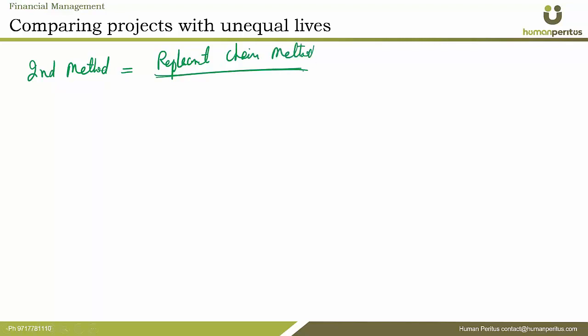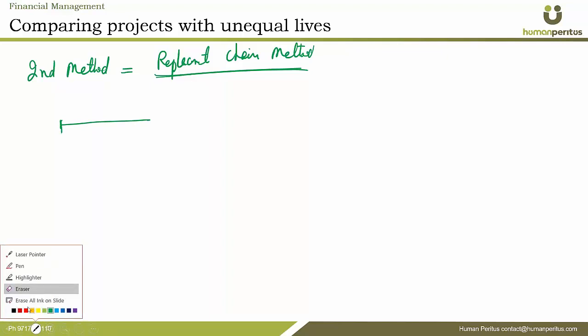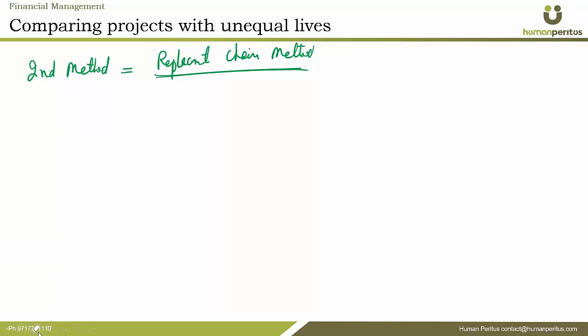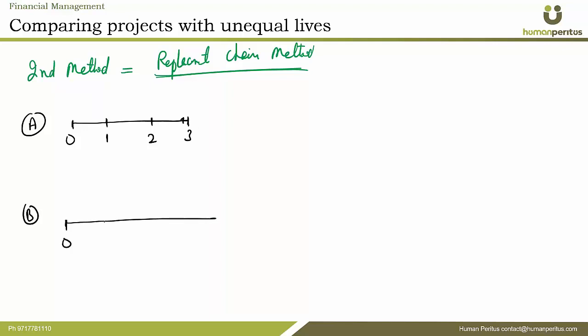So this method says that if there is a project A with cash flows at 0, 1, 2, 3, and there is a project B which has cash flows at 0, 1, 2, 3 and 4.